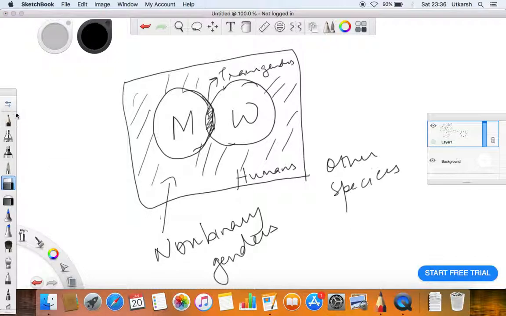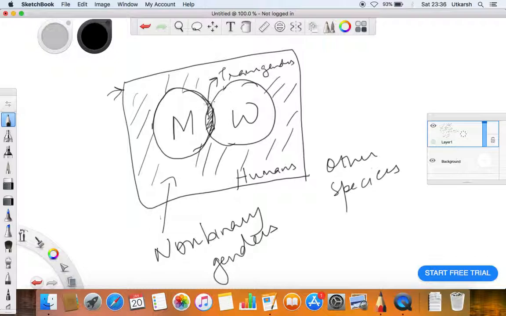All right. So, how do you go about a Venn diagram? Imagine this is a tray, and you put all the human species in this tray. Then, from within this tray, you put all the men into this plate, and you put all the women into this plate.